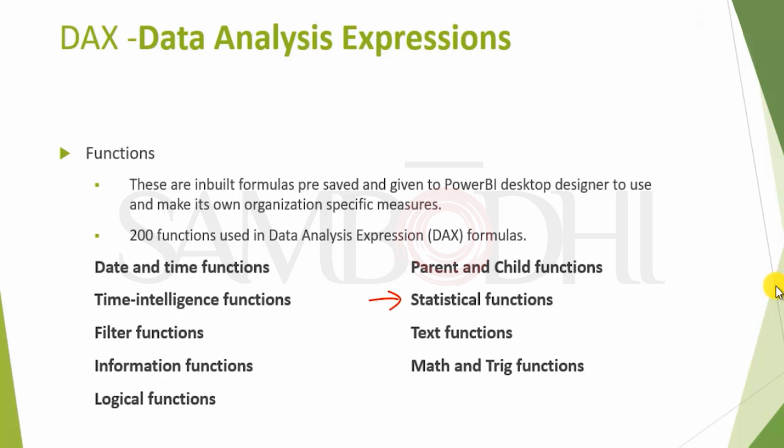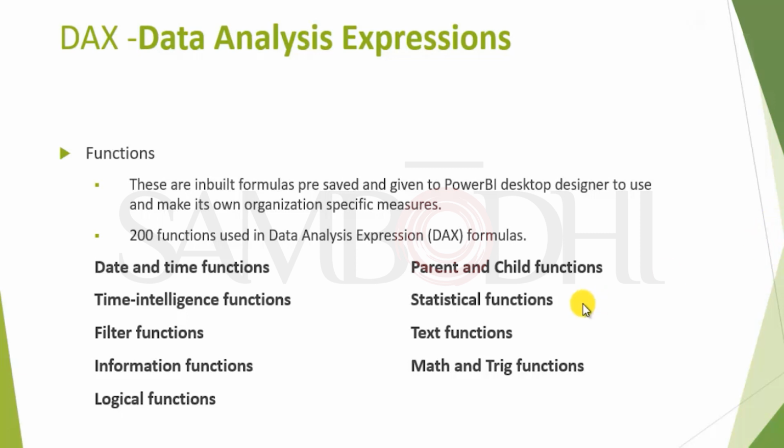Statistical functions and math functions are those which are basically available on your calculator, as in a scientific calculator might ask for a sine, cosine, tan kind of a function, whereas statistical functions are one of those, and the text functions are is text, convert to text kind of functions. Overall, this is the broad range of DAX formulas.